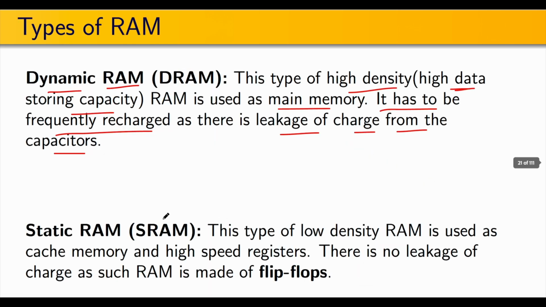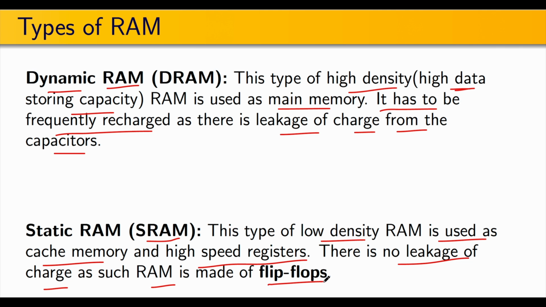So this is DRAM. Another kind of RAM is SRAM. This is a type of low density RAM. Low density means it does not have high data storing capacity. But it has an advantage. It is used as cache memory and high speed registers. We'll come to registers later on. The important thing about this RAM is there is no leakage of charge, as it is made up of flip-flops. It is not made of capacitors, it is made of flip-flops.